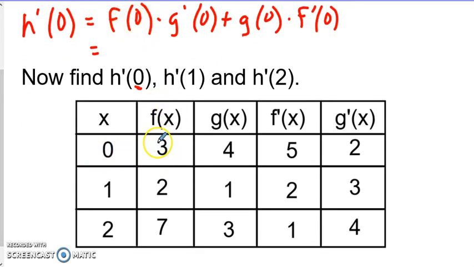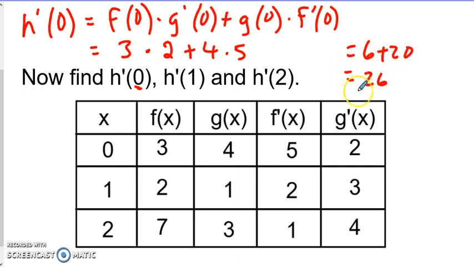When x is 0, my value is 3. Times, okay, let's find our derivative of g. Here it is. When we're finding g prime of 0, that's this first row here, so that value would be 2. Plus g of 0, so g of 0 would be a value of 4. Times f prime of 0 would be 5. So that's going to be 6 plus 20, which gives us 26.